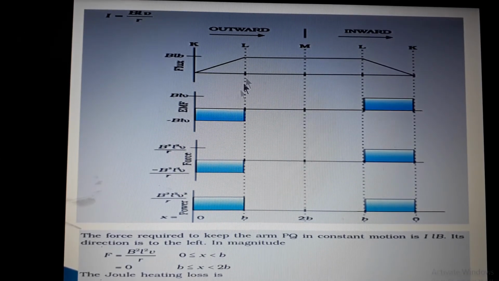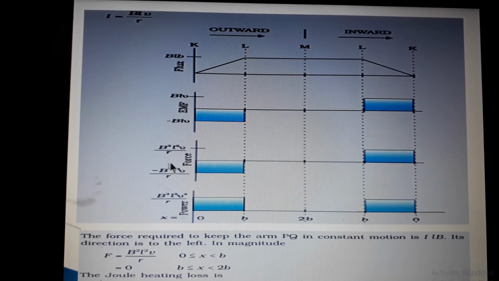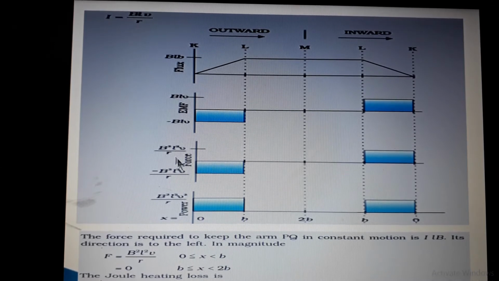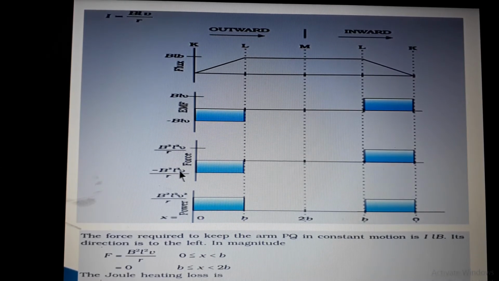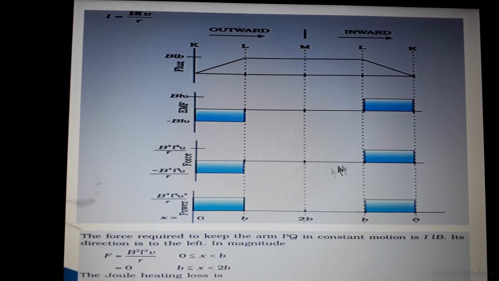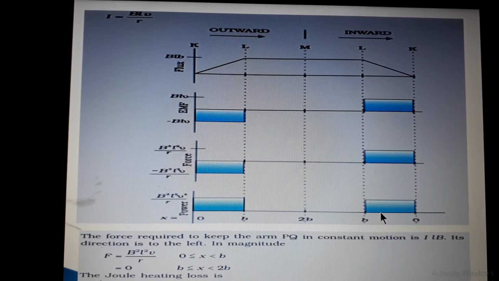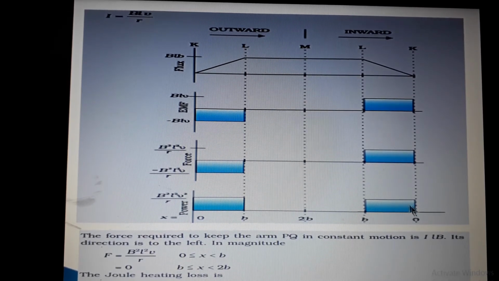Similarly for the force: it is minus B squared L squared v by R in one region, and after that from L to K it is plus B squared L squared v by R. The power is positive in both regions, B squared L squared v squared by R between 0 and L, and again the same from L to K.